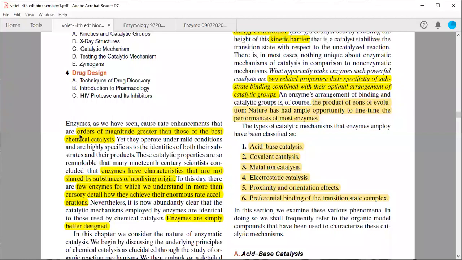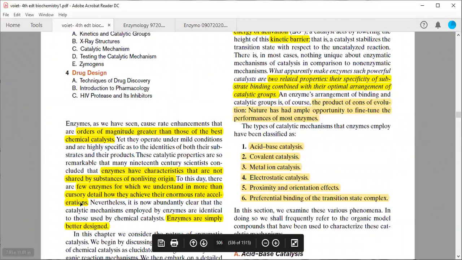If you take some chemical catalyst, some metal for example, and a biological catalyst, which is an enzyme or a protein, they obviously differ, and you always find that biocatalysts or enzymes are better than chemical catalysts in several ways. To this day, there are few enzymes for which we understand more than cursory details of how they achieve their enormous rate acceleration.